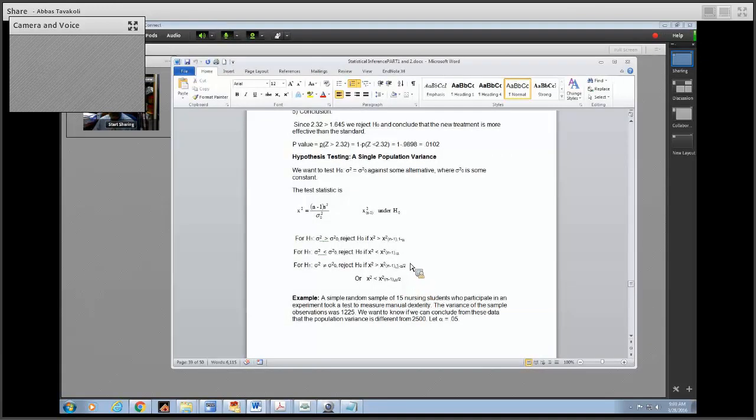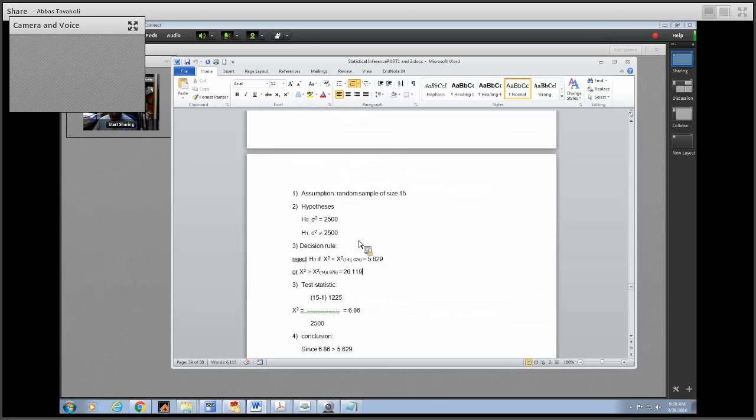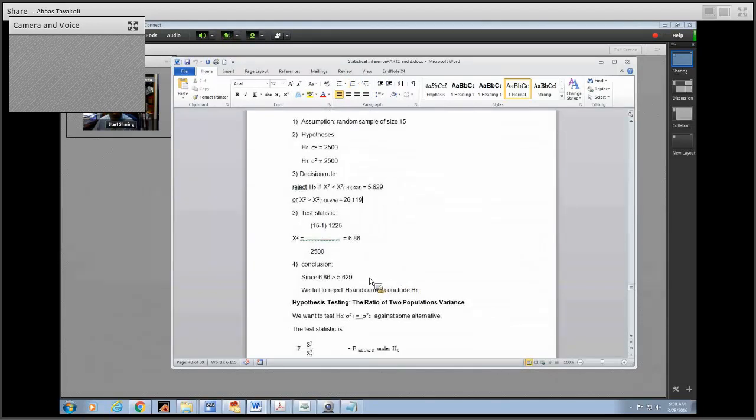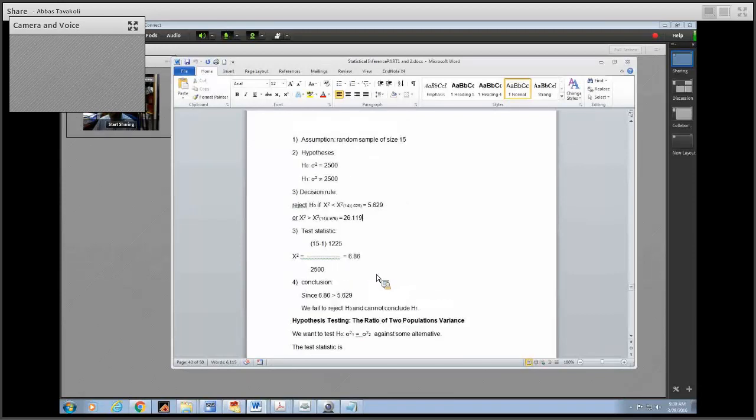If your hypothesis is greater than, then you use the chi-square from table with n minus 1 and 1 minus alpha. If it's less than, then this is the chi-square from table. If it's both sides, then you find the critical values from the table from these two terms here.